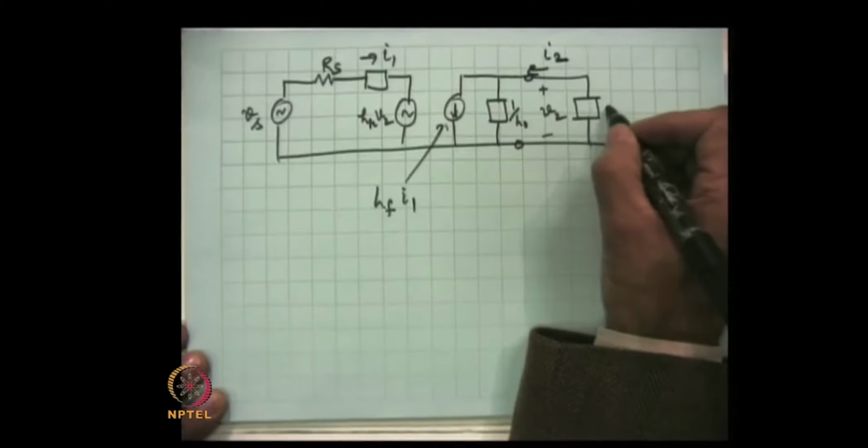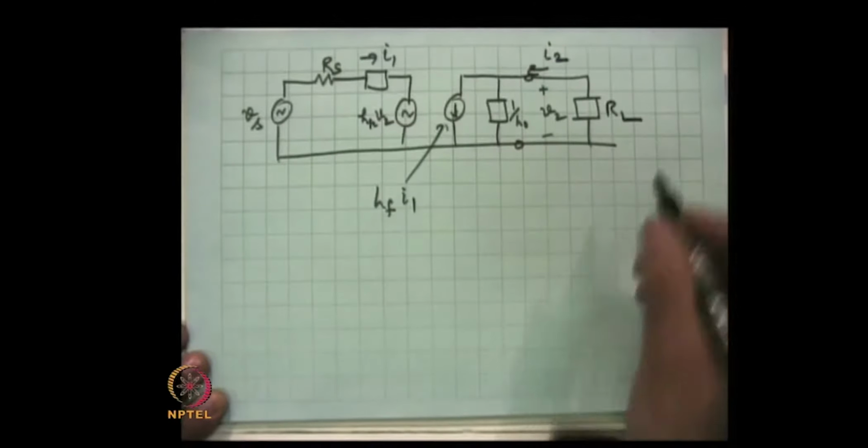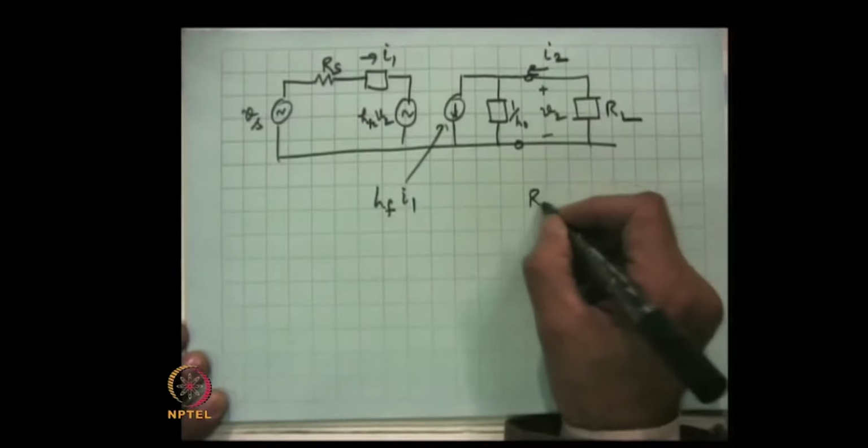This is the load resistance or load impedance, R L, which is the same as load impedance for low frequencies, but in general this can be written as load impedance, but popularly it is written as R L. So, I have written it as R L.